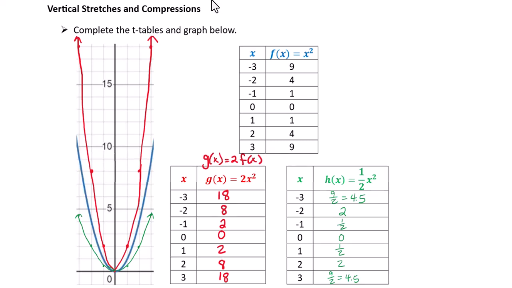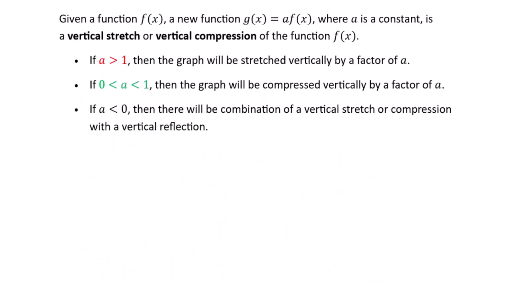And if I'm looking at h of x, we're half as tall as we used to be. So these y's are half of the y's that we had before. So it shortens the graph, it compresses it. And the red is stretching or doubling the height.